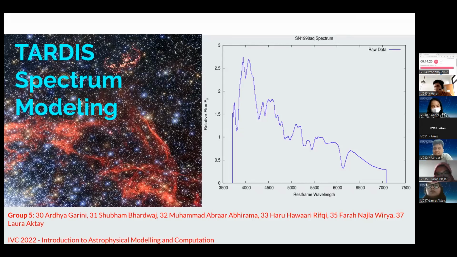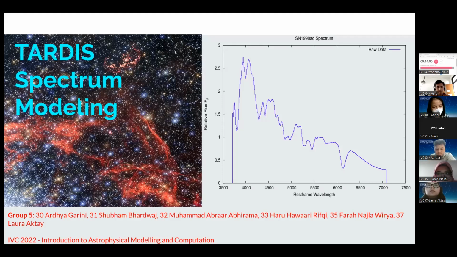Okay, so on the first slide itself, you can see two images. The left one is a very beautiful, colorful image. It's a supernova remnant, 1987A, taken by the Hubble Space Telescope, HST for short. And on the right, we can see the spectrum of a Type Ia supernova, 1998aq.